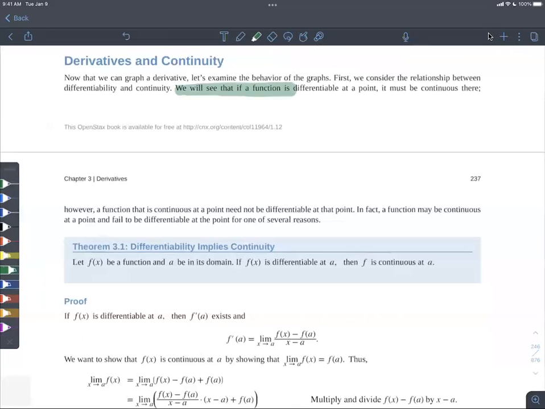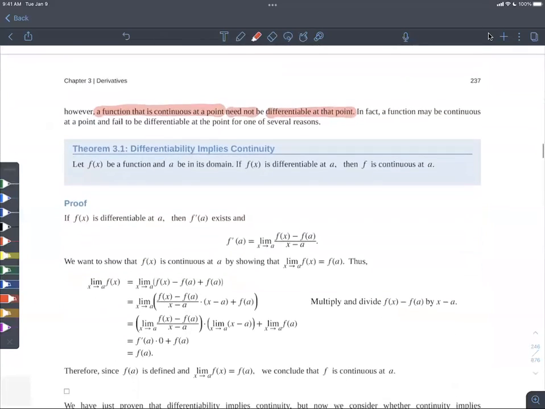If a function is differentiable at a point, then it must be continuous there. However, a function that is continuous at a point need not be differentiable at that point. In fact, a function may be continuous at a point and fail to be differentiable at the point for one of several reasons. And we'll take a look at an example of that coming up soon.